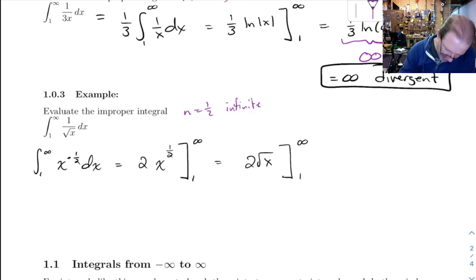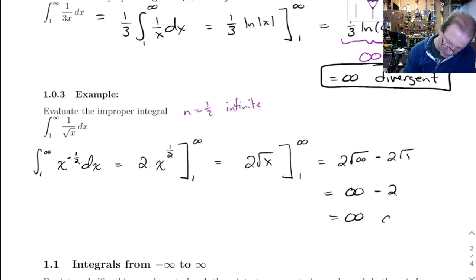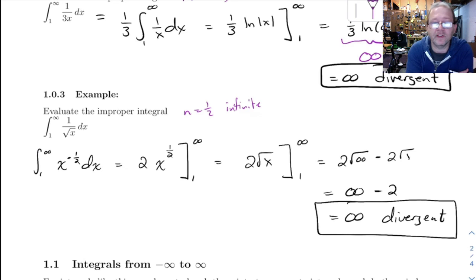Now I'm going to do this one informally. We get 2 root infinity minus 2 root 1. If we did this formally, we'd write this as a limit as the thing under the root goes to infinity. So in other words, what we get here is infinity minus 2, which is just infinity. So this one also diverges, which means the area underneath is infinite.